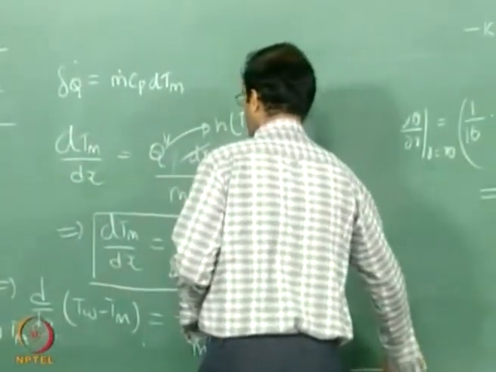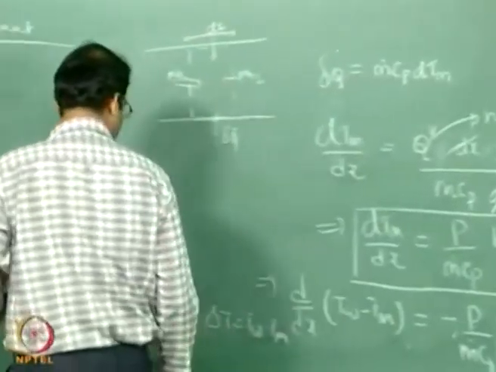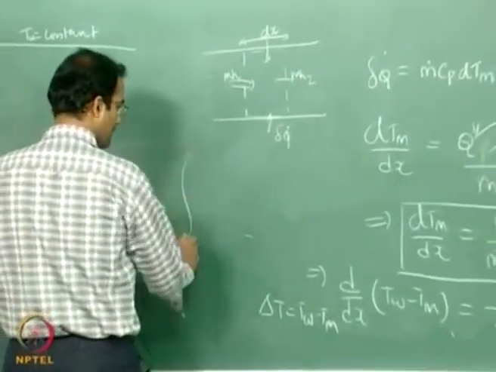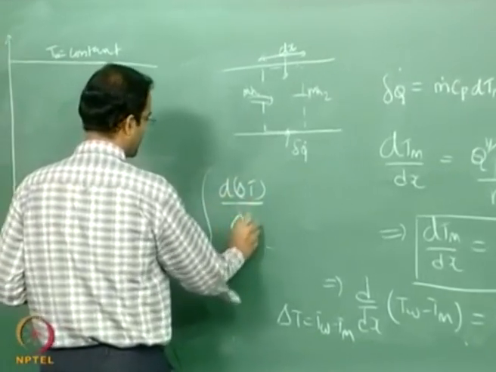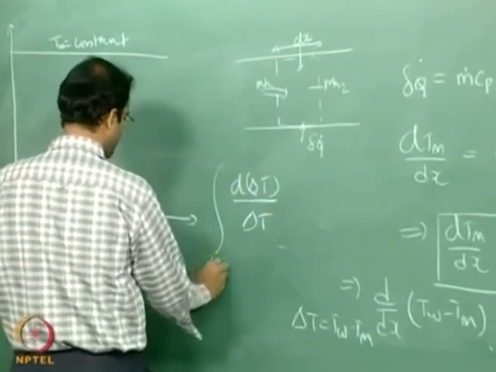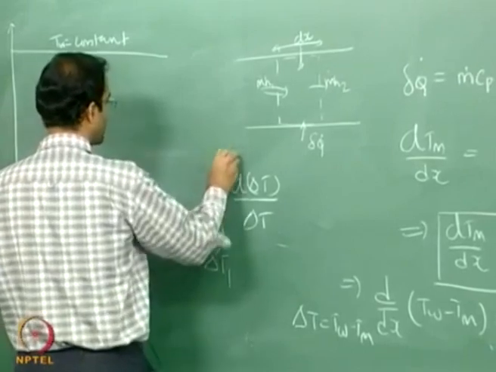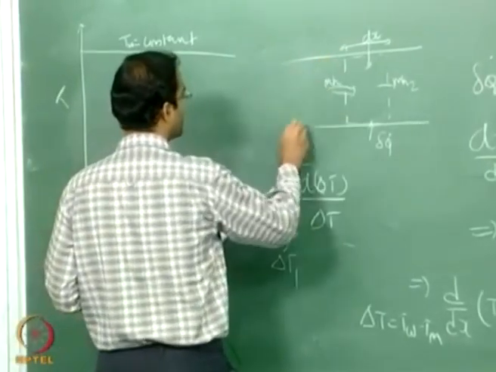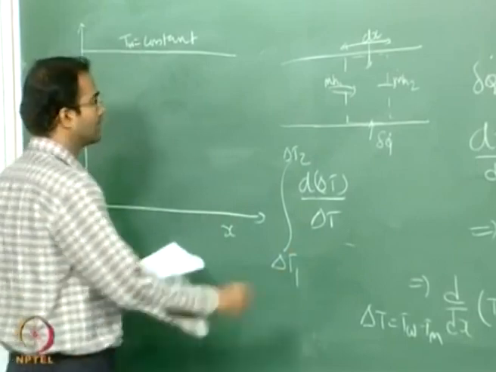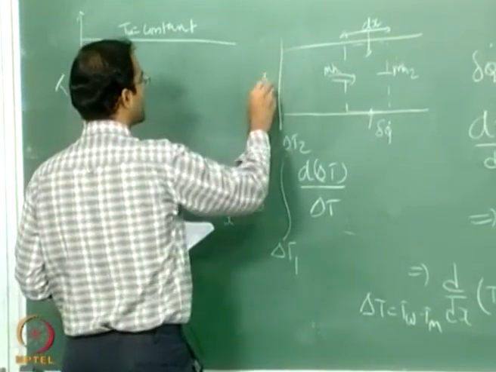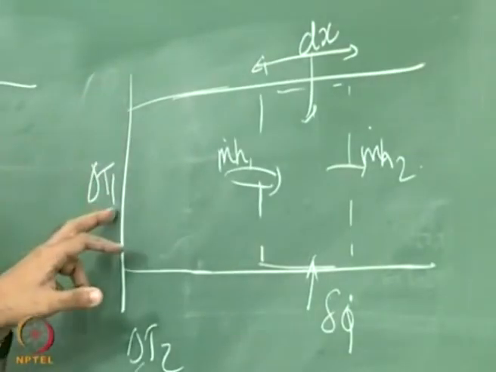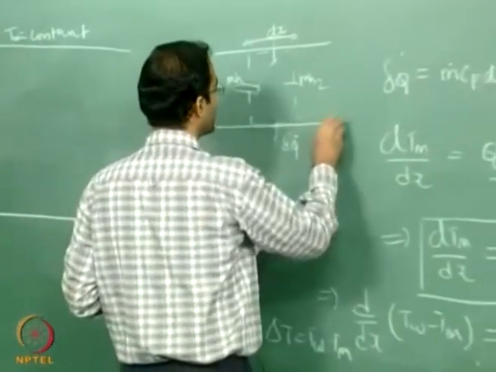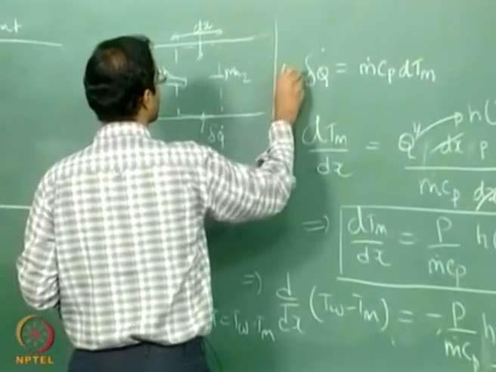Okay, so with this you can integrate this expression, so this will be d delta T by delta T. You can integrate this from delta T1 to delta T2. So what it means, if you have a long duct, at the inlet, that will be your delta T1, that is the difference between your wall temperature and the mean temperature, and at the exit somewhere, that is your delta T2.